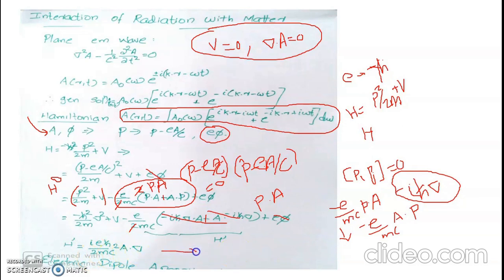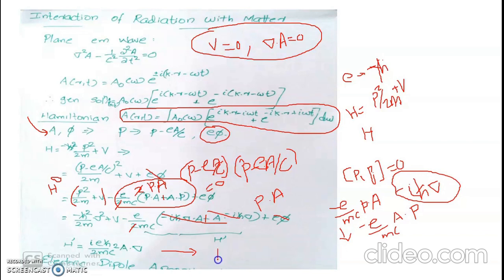Thus, when there occurs interaction of radiation with matter, there actually happens a perturbation for the material medium, or the electrons, atomic or molecular electrons present in the material medium that is undergoing this interaction with the incoming electromagnetic radiation.